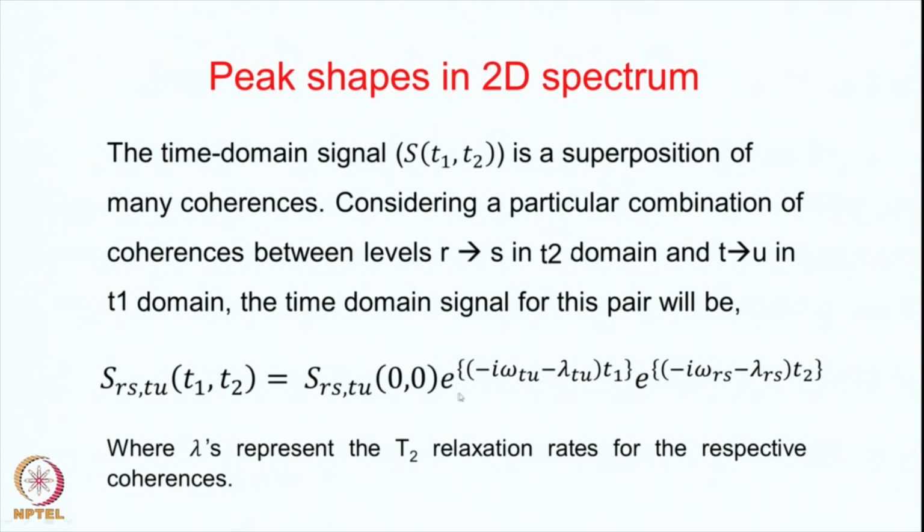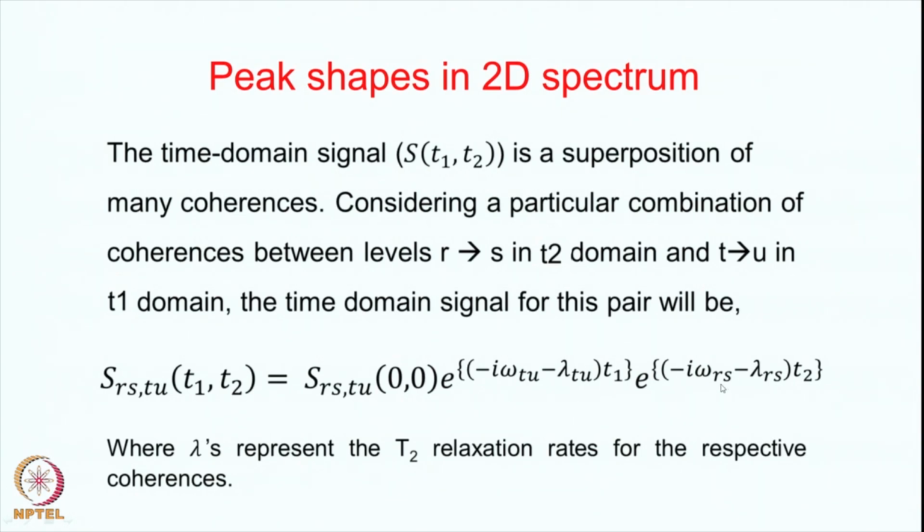The complex signal is written as e to the minus i omega TU t1. Now this is the coherence in the transverse plane, and this coherence decays with the transverse relaxation rates. Lambda TU is the transverse relaxation rate for the transition TU, and lambda RS is the transverse relaxation rate for the RS transition.